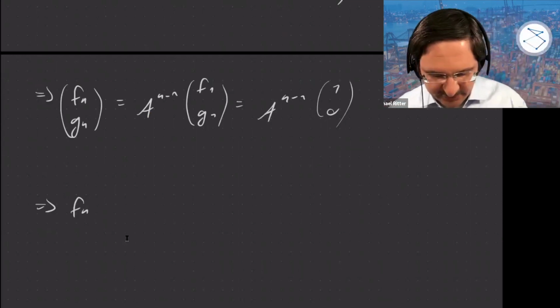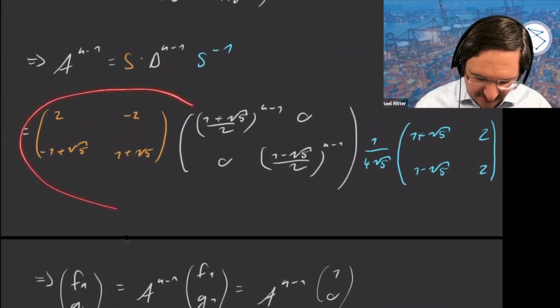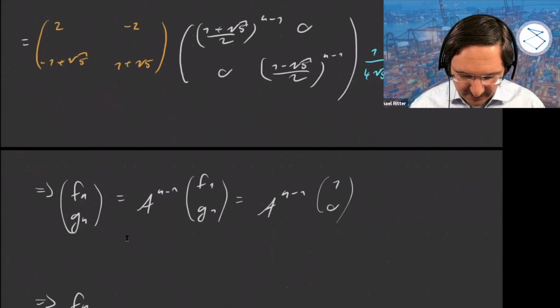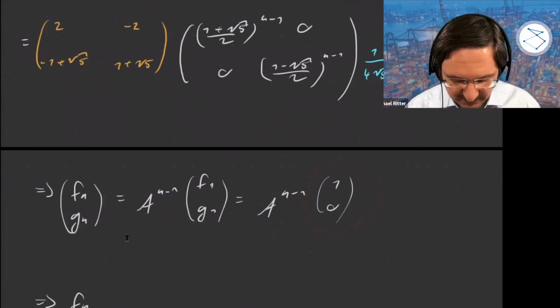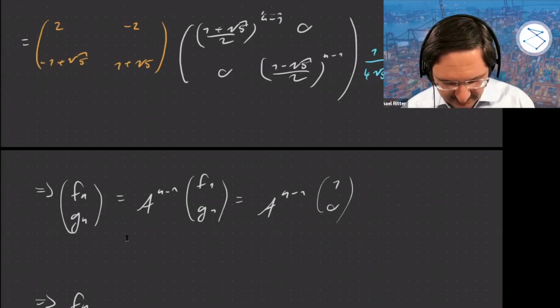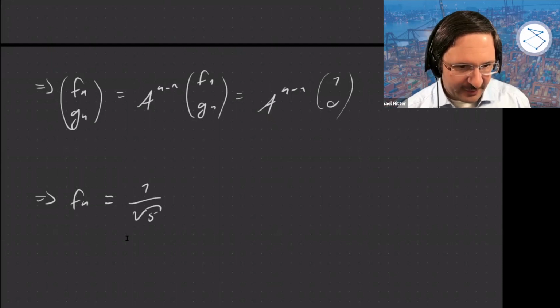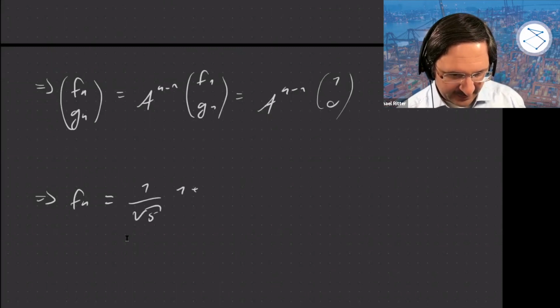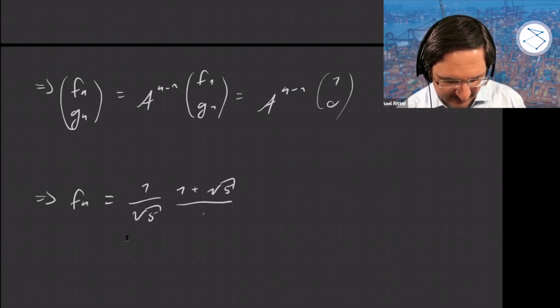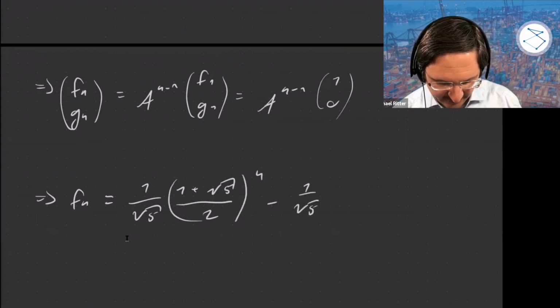So in particular, we could just take this whole thing, multiply it by (1, 0), and then just take the first row of whatever remains. And if you do this, the result that we get is the following. I'll just write it down in a slightly simplified way. So this is the formula we get here.